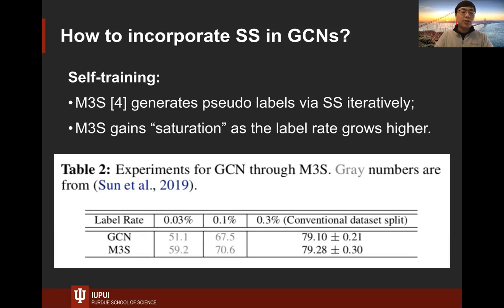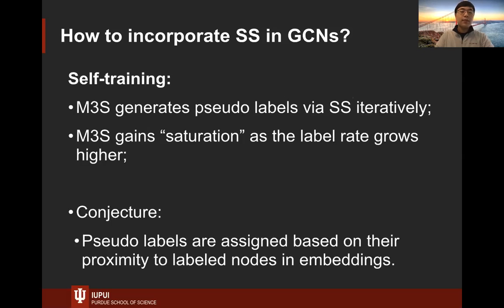For the next round of training, M3S includes the pseudo-labels in the labeled data and repeats this process for several rounds. According to Table 2, M3S gains saturate as the label rate grows higher. The author argues that pseudo-labels are assigned based on their proximity to labeled nodes in the embeddings.